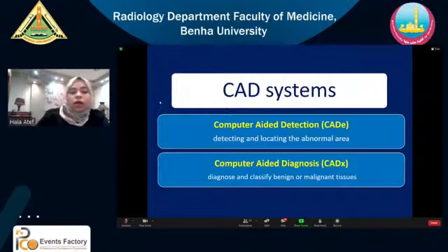What is the CAD system? The CAD system is computer-aided detection for detecting and locating the abnormal area, and computer-aided diagnosis for diagnosing and classifying benign or malignant tissues.